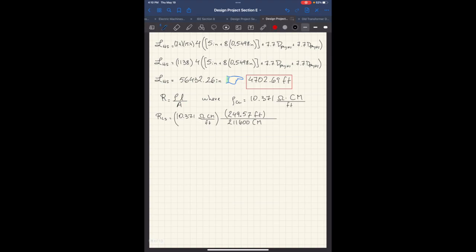So you punch the numbers and you're going to find that the overall resistance is 0.01223 ohms. We do the same thing for the high side.